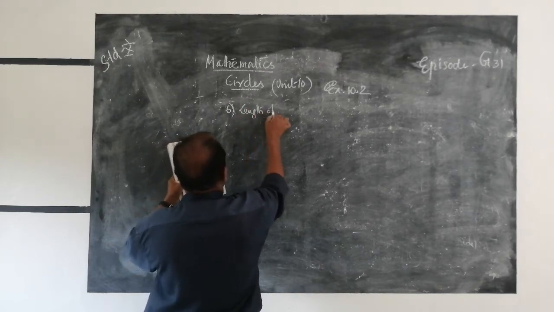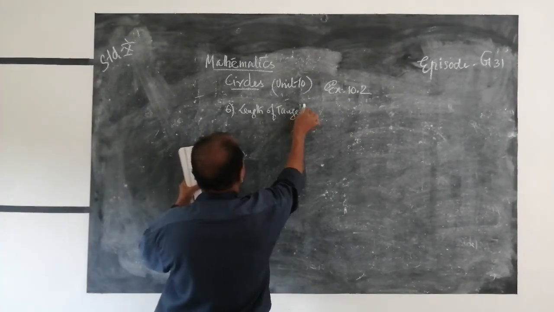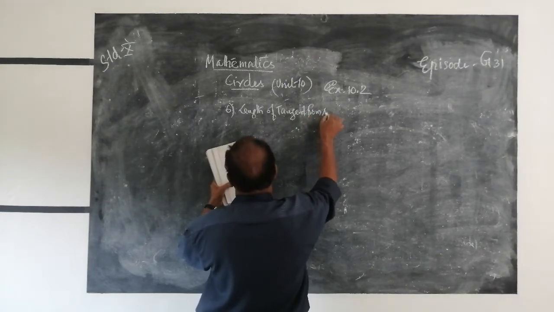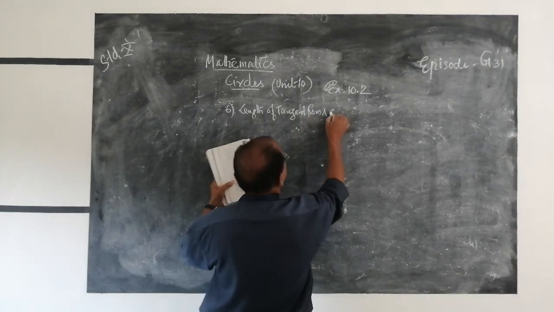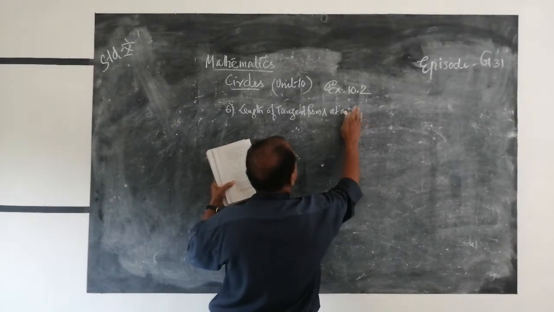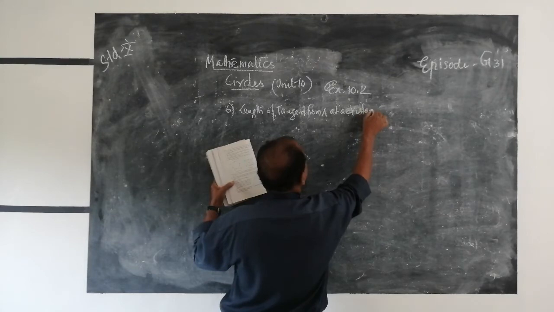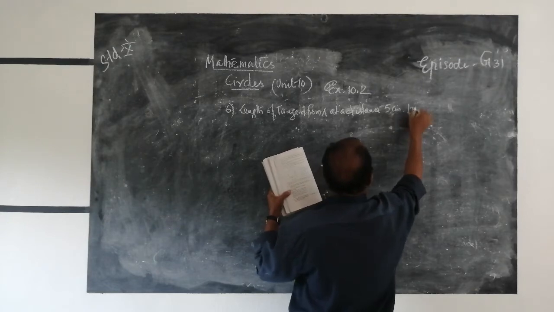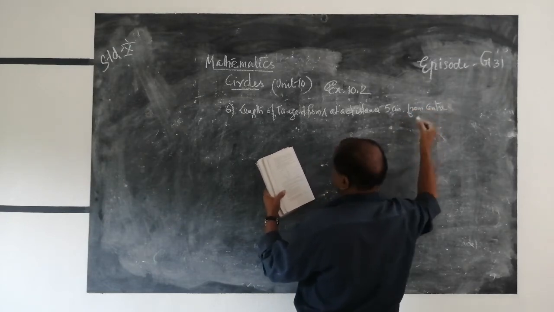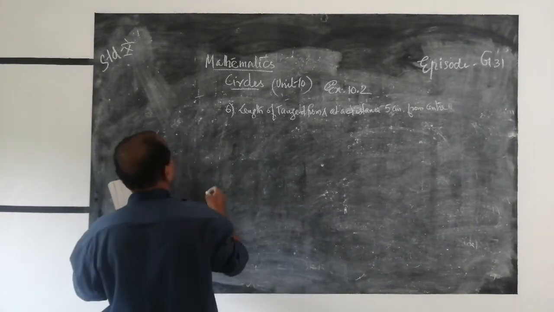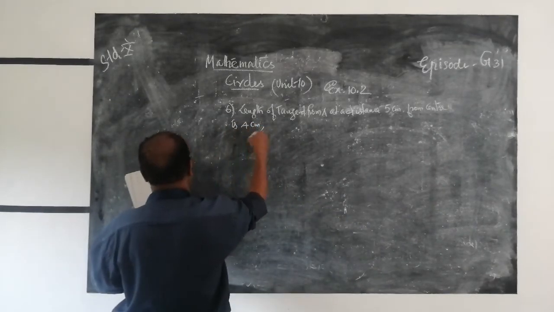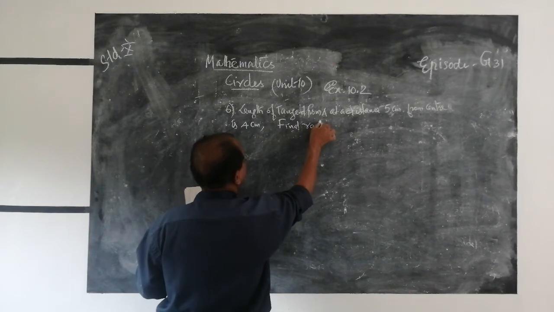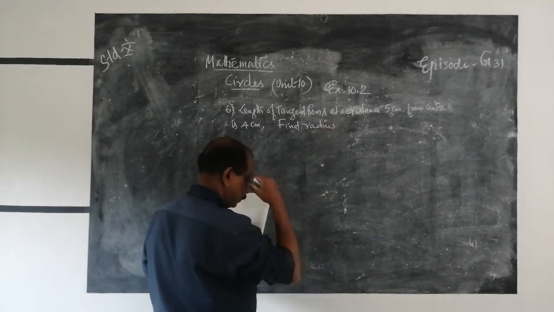The length of the tangent from a point A at a distance of 5 centimeters from the center is 4 centimeters. Find the radius.